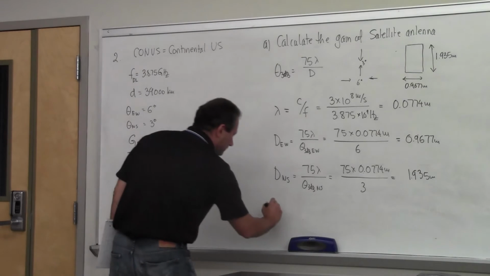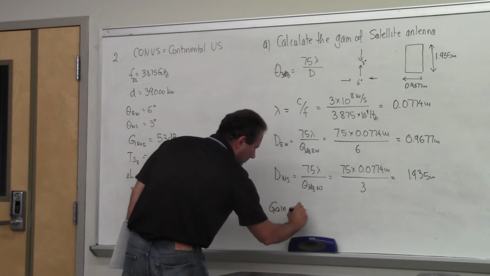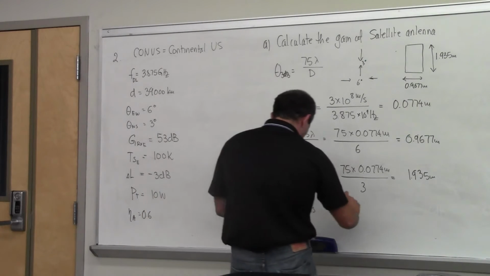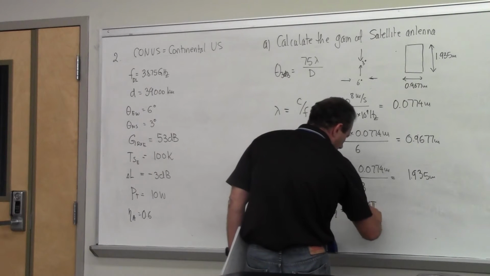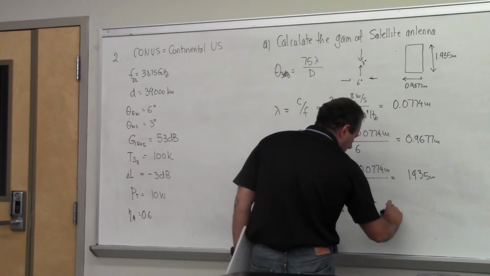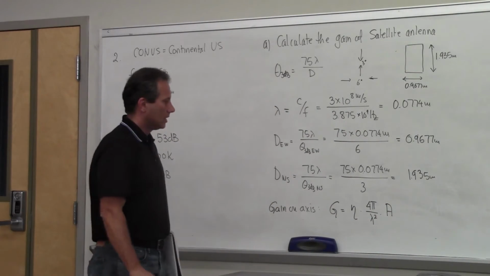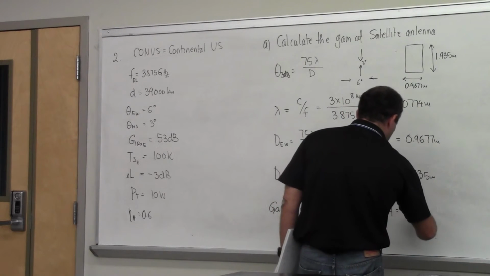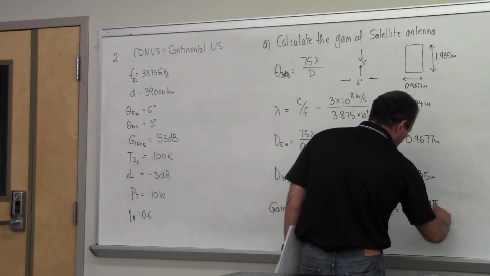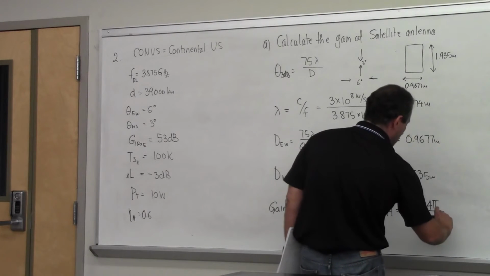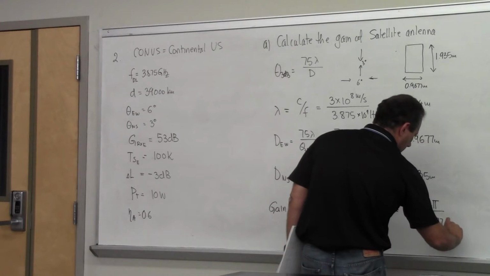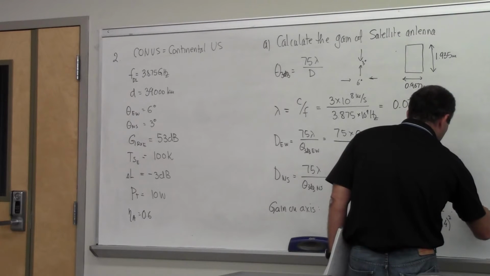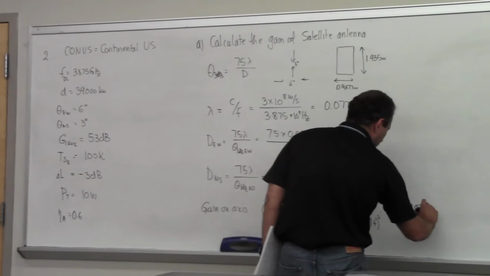Now, gain on the axis. We have the formula that the gain is equal to your efficiency times 4 pi over lambda squared times the physical area of the antenna. In our case, this becomes 0.6 times 4 pi divided by 0.0774 quantity squared, times the product of these two, 0.9677 times 1.935.